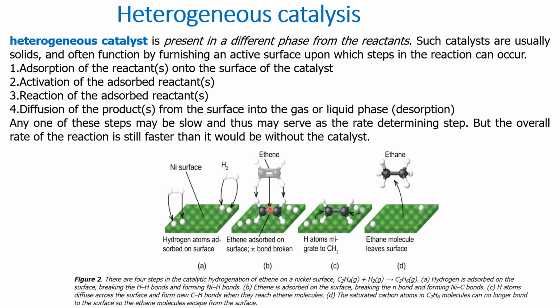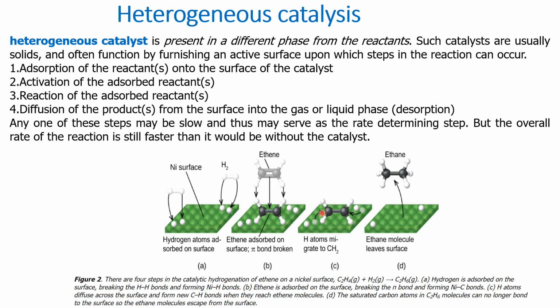In the second step, another reactant, that is unsaturated hydrocarbon or ethene, is adsorbed on the surface of the nickel catalyst, and during this adsorption process the bond between carbon and nickel is formed, and the pi bond between carbon and carbon is broken down, and as a result both the reactants, that is hydrogen and ethene, are now activated for the reaction which occurs in the third step.